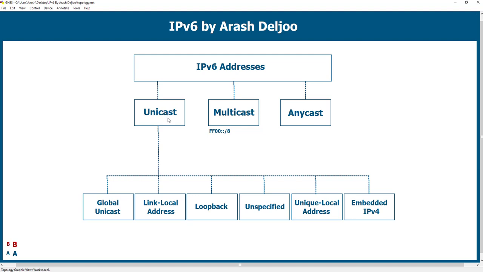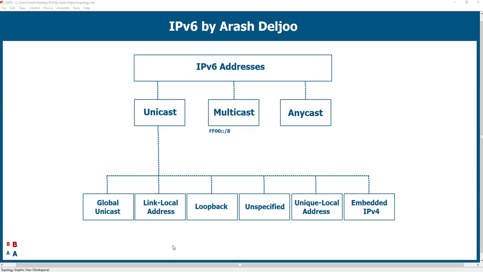Unicast has some types. For example, global unicast IPv6 address, link local IPv6 address, loopback IPv6 address, unspecified IPv6 address, unique local IPv6 address, or embedded IPv4 IPv6 address.